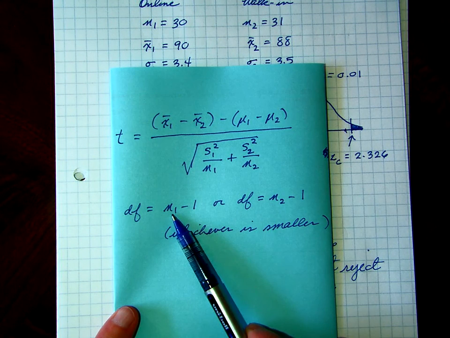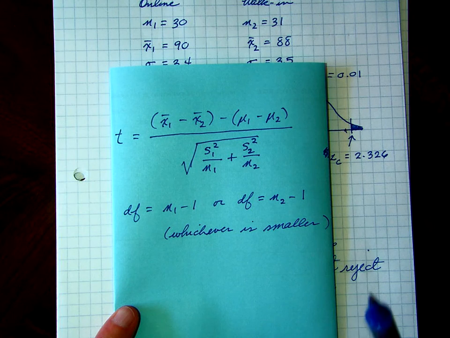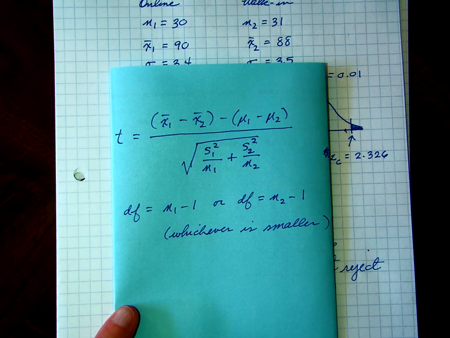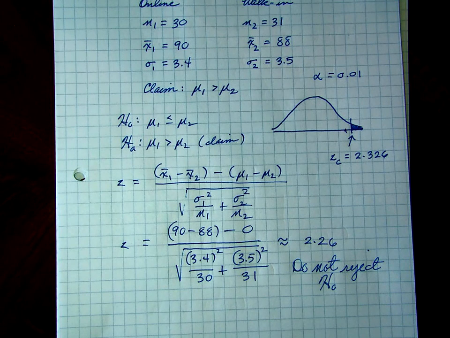It'll be either n1 minus 1 or n2 minus 1, whichever one is smaller. And there's a special situation that arises where you don't use this formula, but you use a more complicated formula if the standard deviations are assumed to be equal, and you have to compute a pooled standard deviation. I'm not going to do an example of that sort of thing right now. This is enough to get you started, and it's more hypothesis testing.